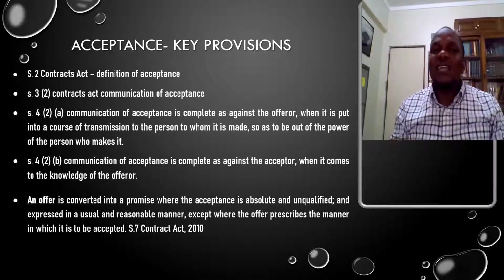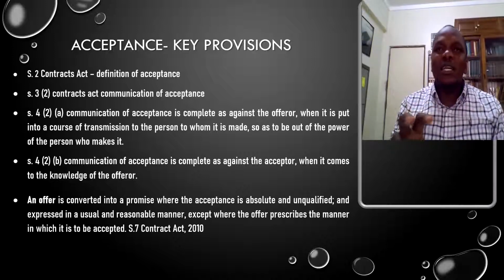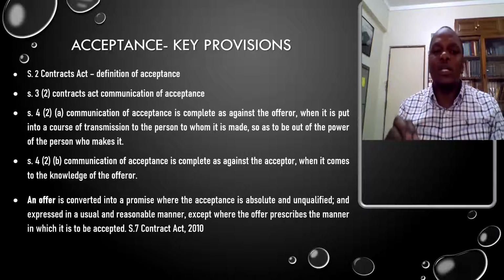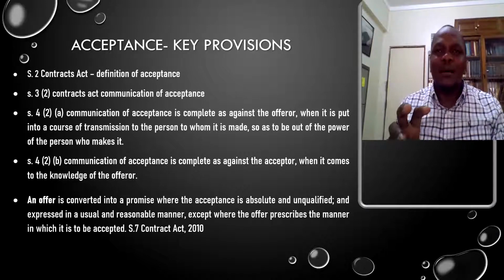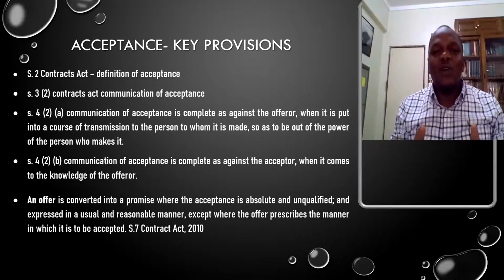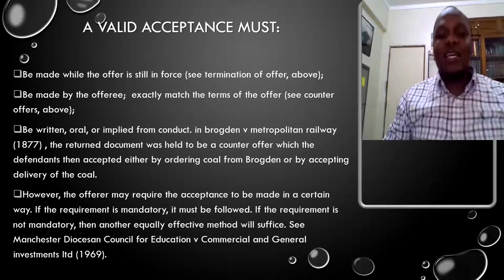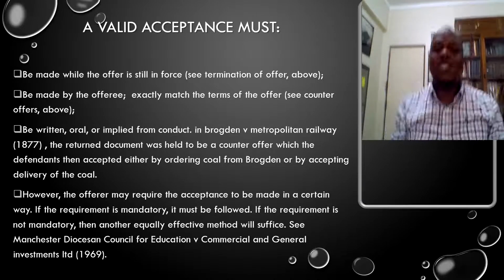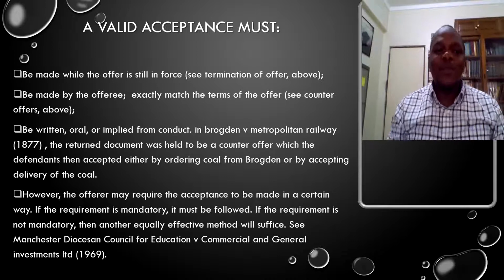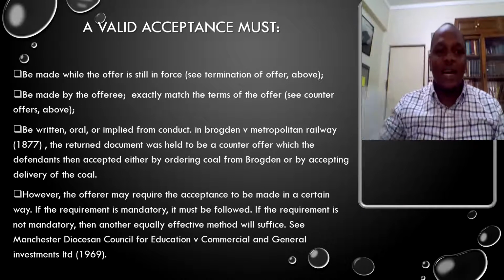Most of these sections are looking at the communication, basically the rules governing acceptance and how you move forward. The good thing is we are going to look at these rules as we go forward during this particular lecture. So for an acceptance to be valid, there are certain things that must be fulfilled.